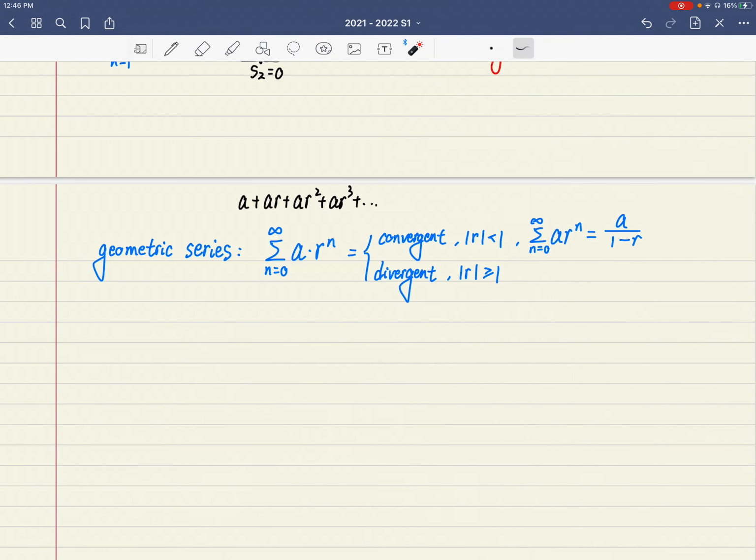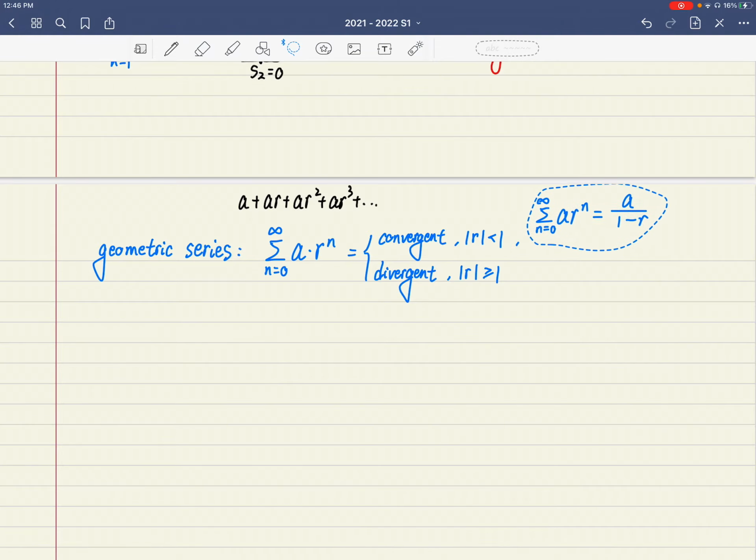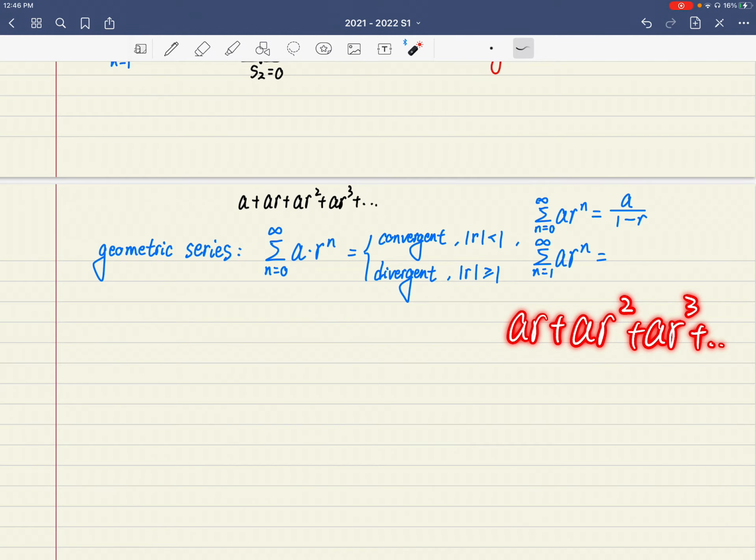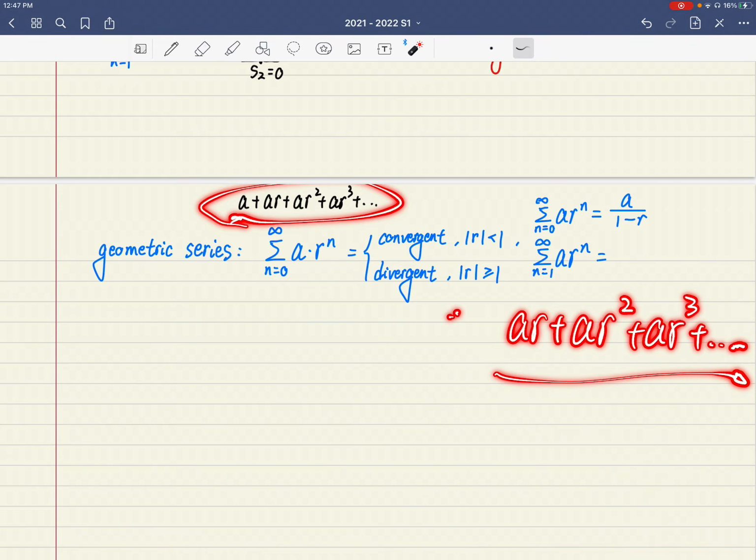Another special case: this is a sum from 0 to infinity. What if you write this geometric series from 1 to infinity? Essentially, it's just ar plus ar squared plus ar cubed, etc. You compare this with the previous one, it misses an a here.